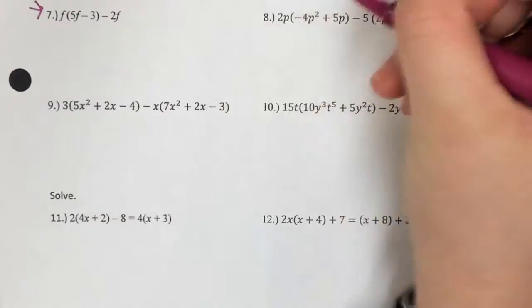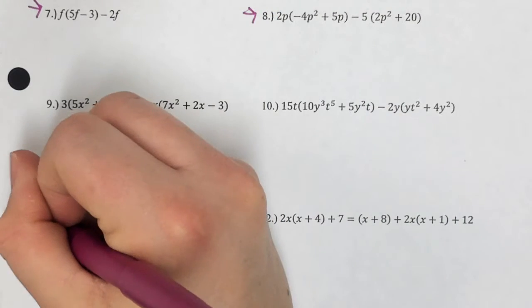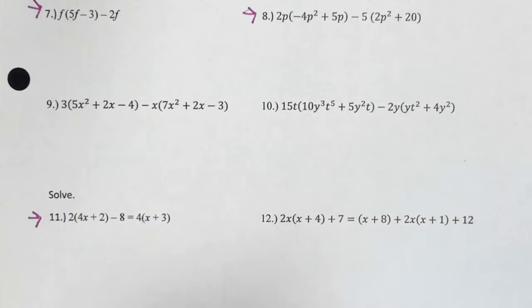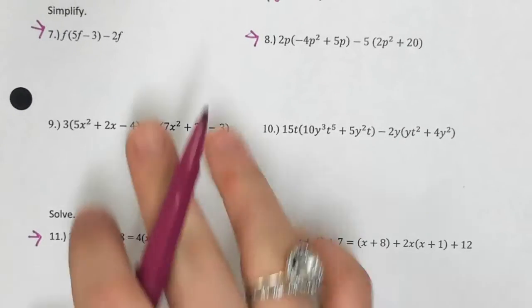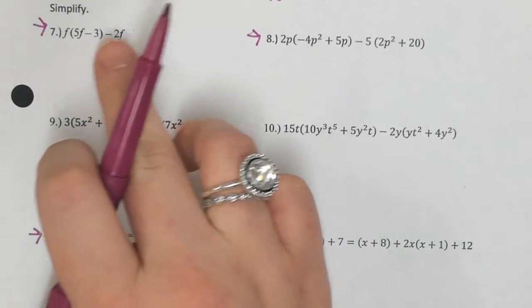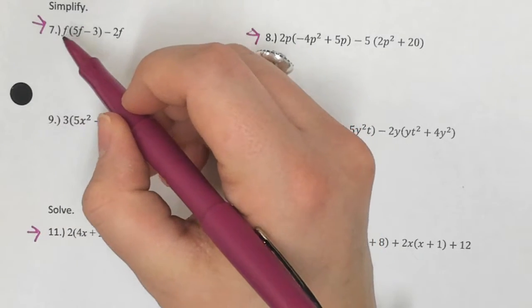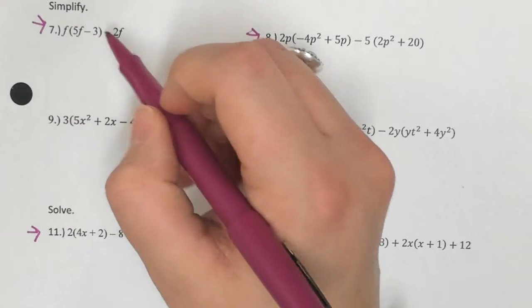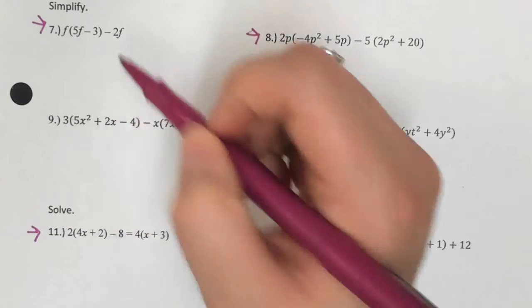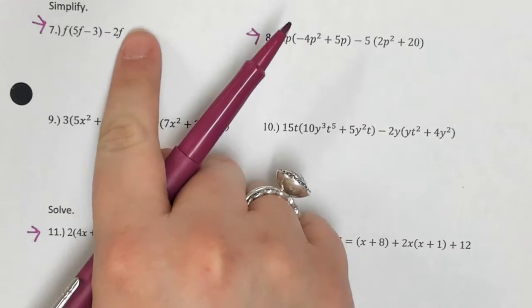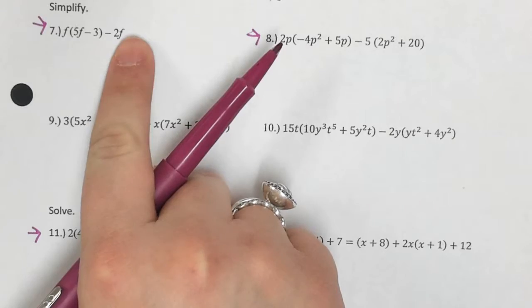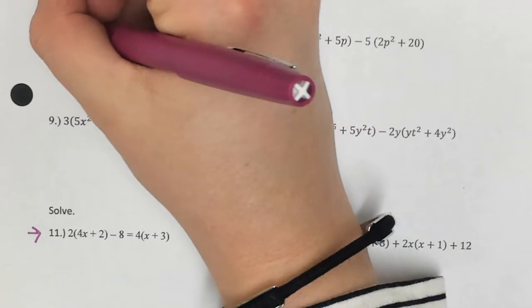Okay, now I'm going to do 7, 8, and 11 with you. The difference between these and the ones up above is that not everything is in a parentheses. You only distribute to what is in the parentheses. So this negative 2f will not be multiplied by f because it's not in the parentheses. Okay, so let's distribute.